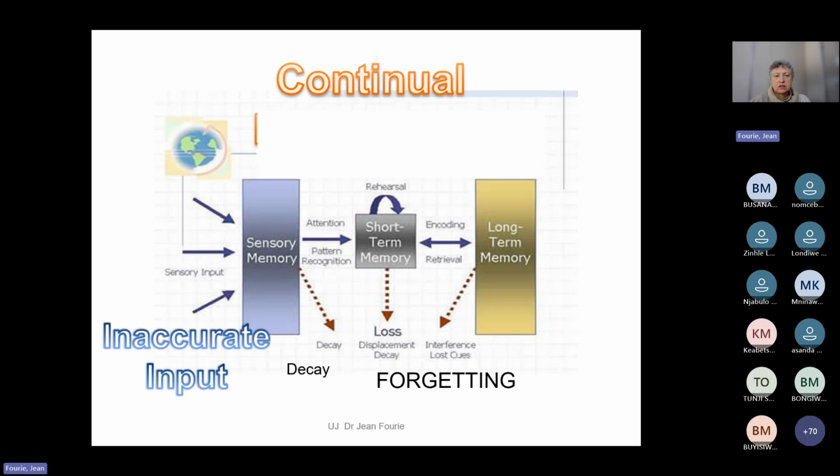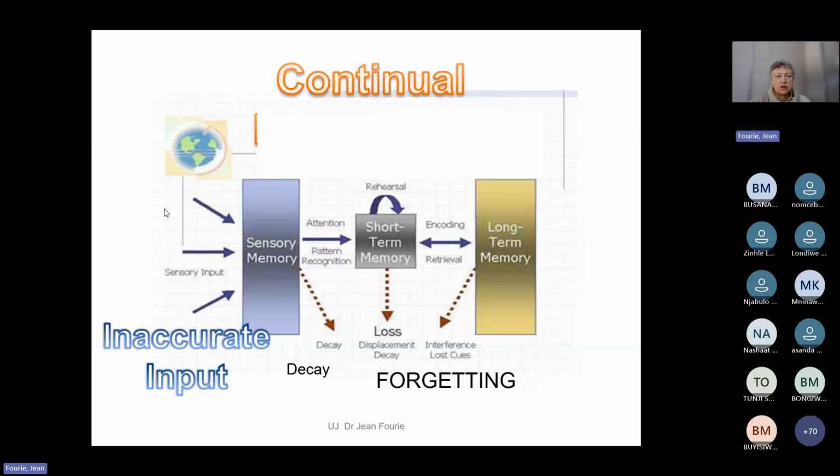Okay, I want to elaborate a little bit more on this idea of the information processing model, just so that you get a very clear idea of all the places where inaccuracy might occur, and where there are places where forgetting happens.